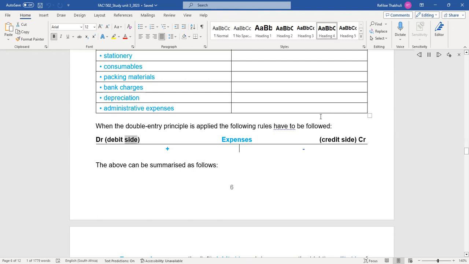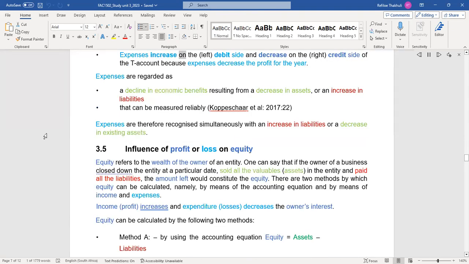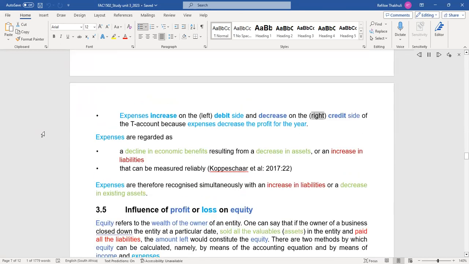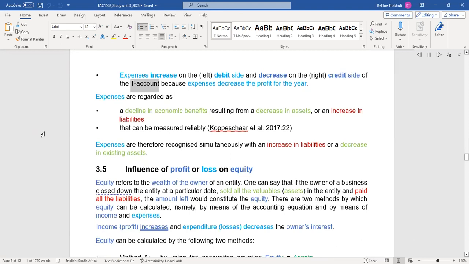DR, debit side: expenses; credit side, CR. The above can be summarized as follows. Expenses increase on the left, debit side, and decrease on the right, credit side of the T account, because expenses decrease the profit for the year.